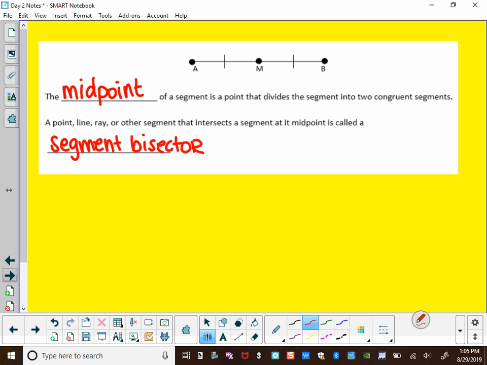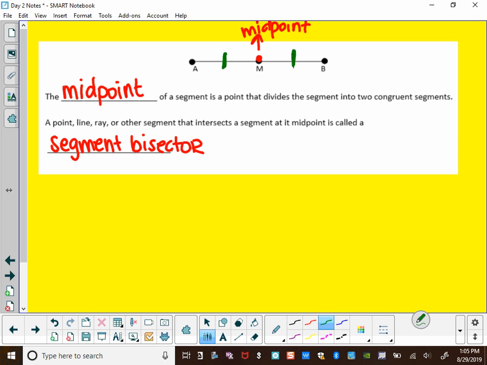All right, so look at this figure up here. We have A, M, and B. Which one do you think is the midpoint, A, M, or B? M, good. So this is my midpoint. Your vertical hash marks are these little guys. That hash mark and that hash mark basically tell me that those two segments are congruent.